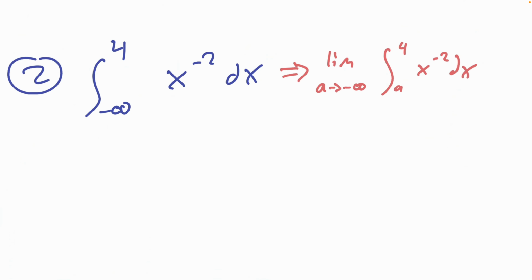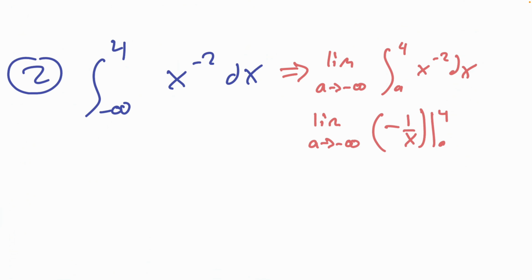All right, and so we're going to go ahead and integrate that. So x to the negative 2 will become negative 1 over x, or negative x to the negative first power, evaluated from a to 4.